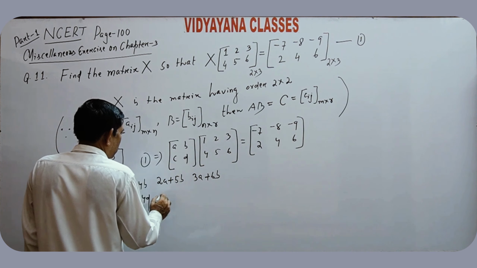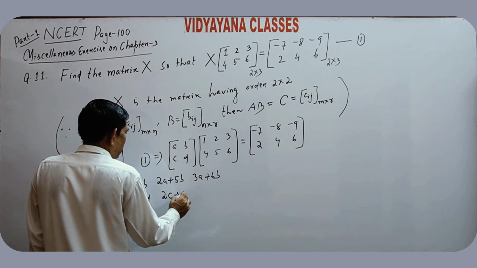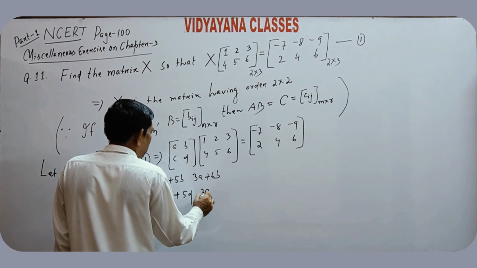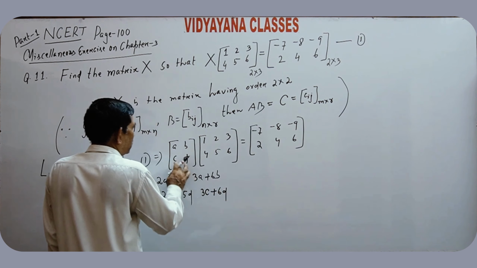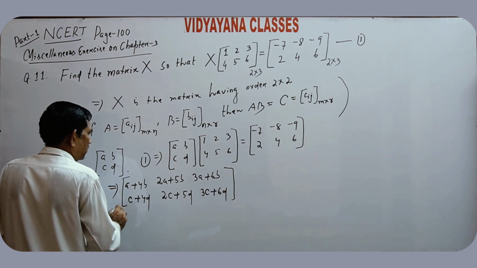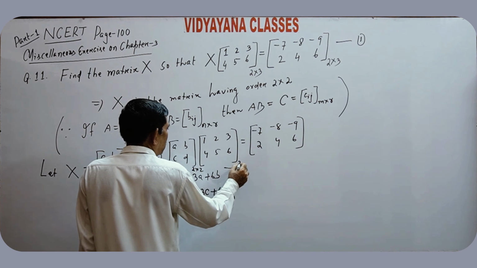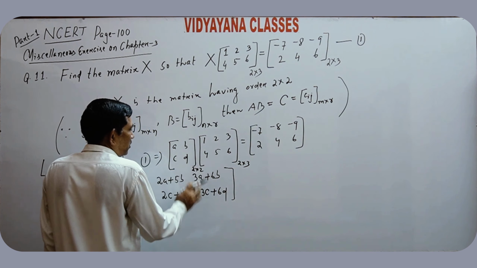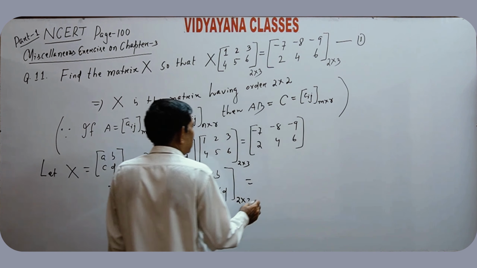Next, 2C plus 5D, then 3C plus 6D. It is a 2 cross 2 matrix times a 2 cross 3 matrix, the result will be 2 cross 3, which is a match.